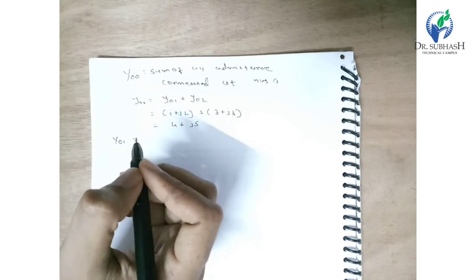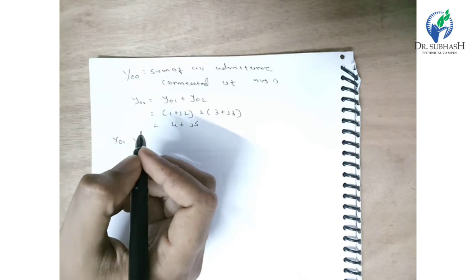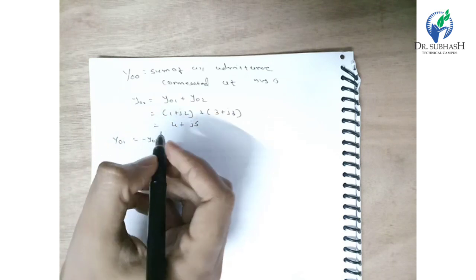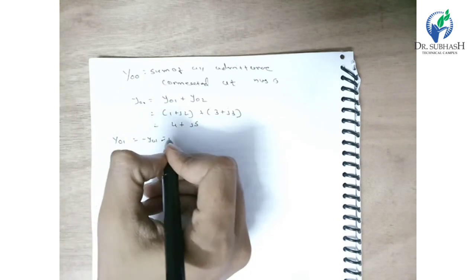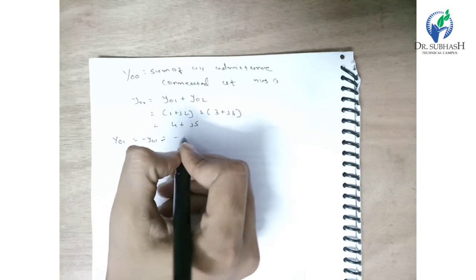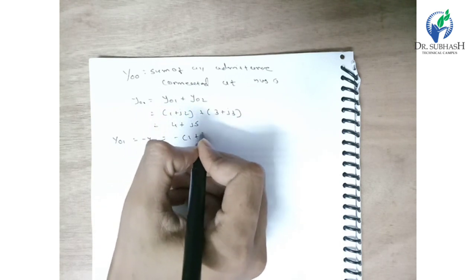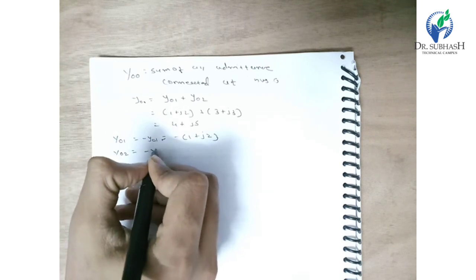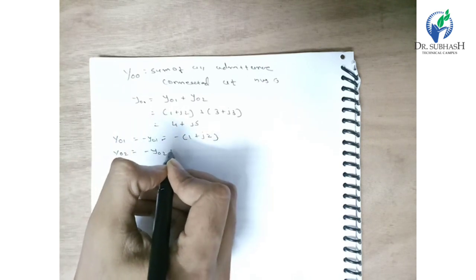Now we solve for Y01, which is equal to minus small y01. So the output of this value is minus 1 plus j2. The value of Y02 is equal to minus small y02.